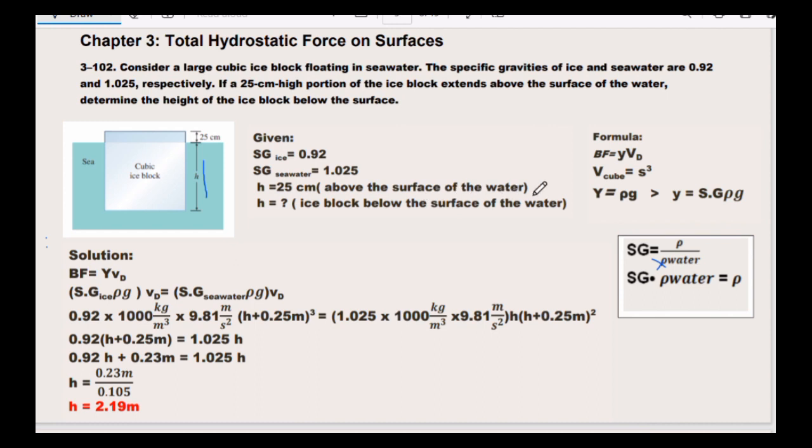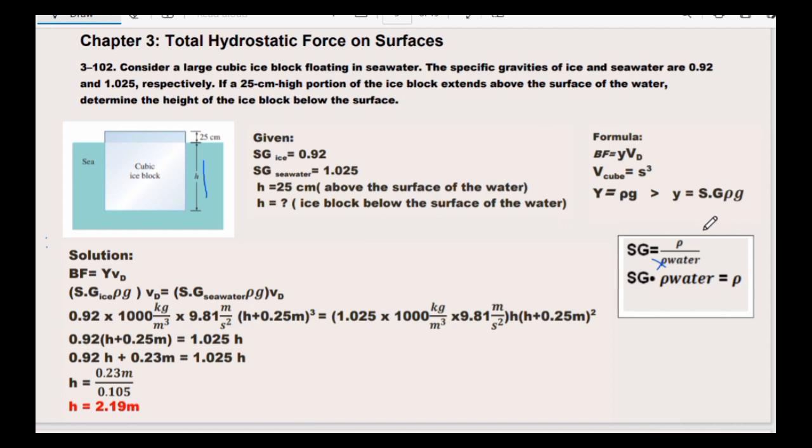The formula we're going to use is the buoyant force equals the specific weight times the volume displaced. We will also use the volume of a cube equals s cubed. The specific weight equals density times the acceleration due to gravity.